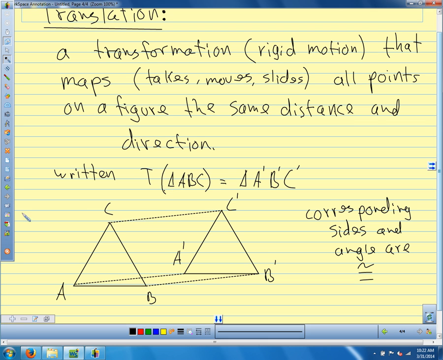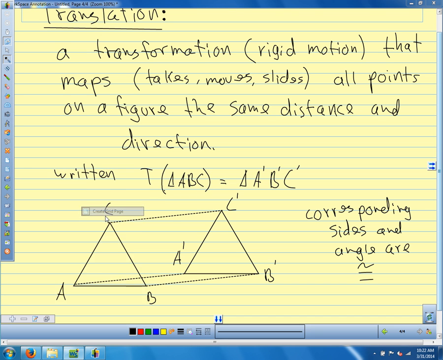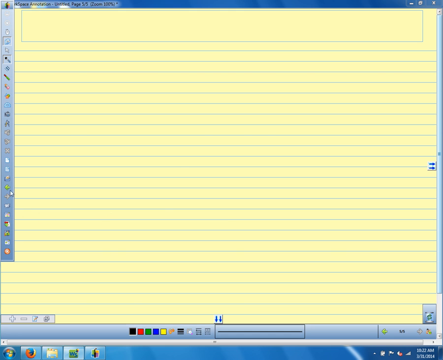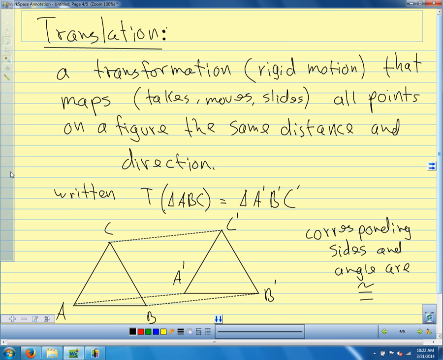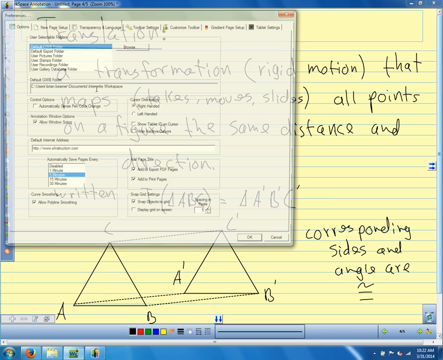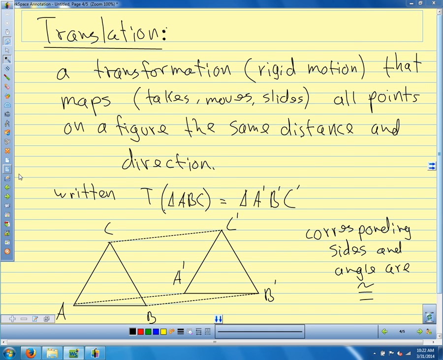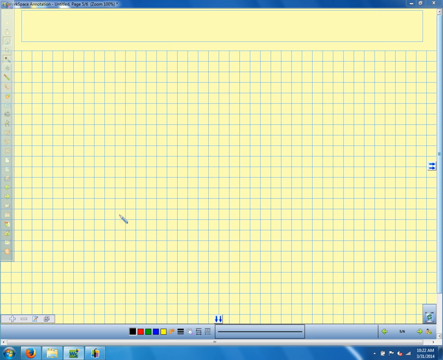Let me grab a page in the back. Do this. There we go.